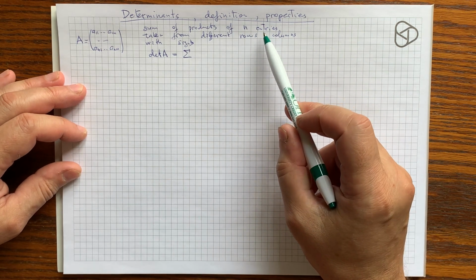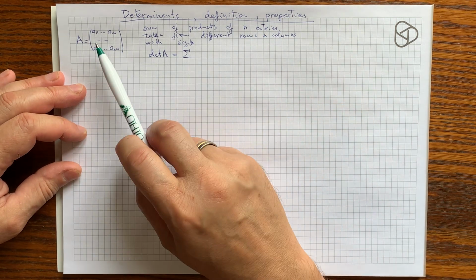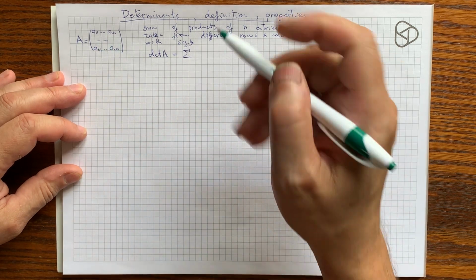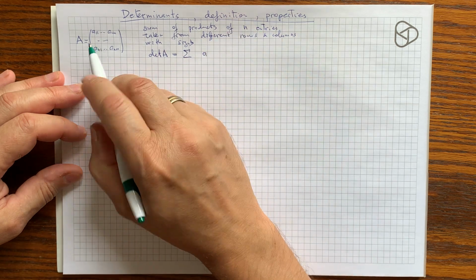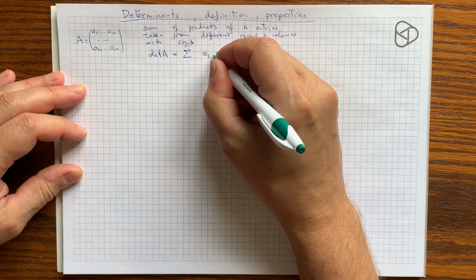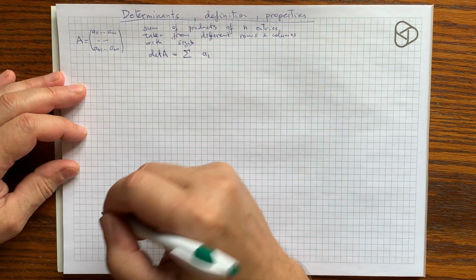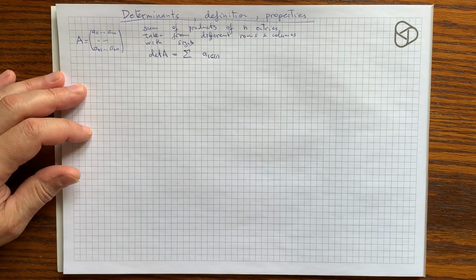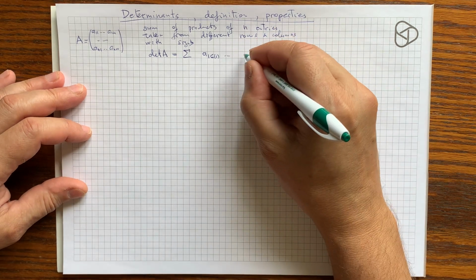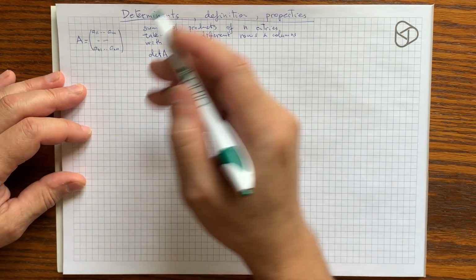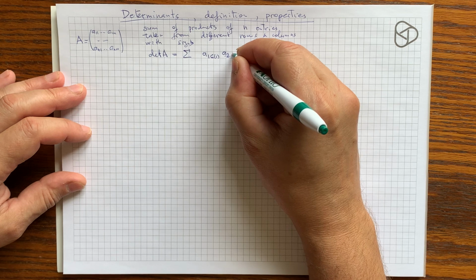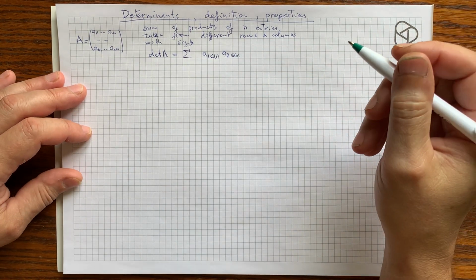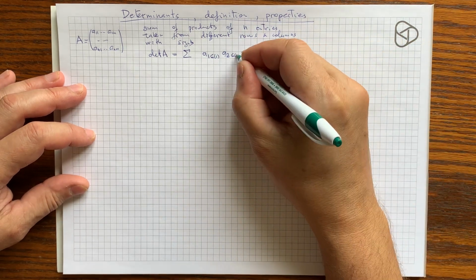Since we're taking products of matrix entries from all different rows and columns, we always have to take something from the first row, and the first index is just the row index, and then the second is a column position, which I'm writing as sigma 1. And in the product, I'll have to take something from the second row, in the column number sigma 2.